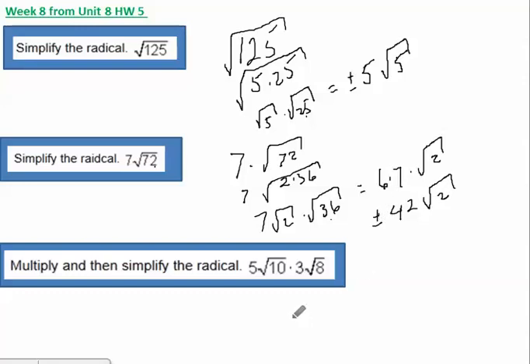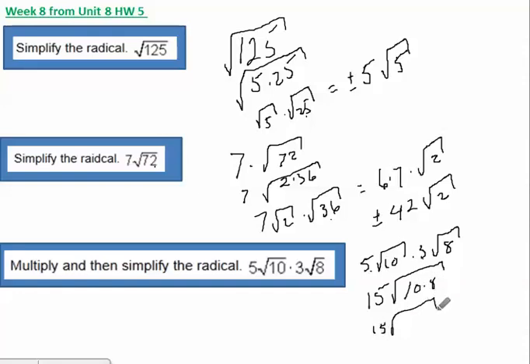Woohoo! Down here, we've got 5 square roots of 10 times 3 square roots of 8. You know what? 5 times 3, that's 15. I knew that. Square root of 10 times 8. I put it back together, didn't I? Well, that's 80. So that's 15 times the square root of 80. 80, wait a second.